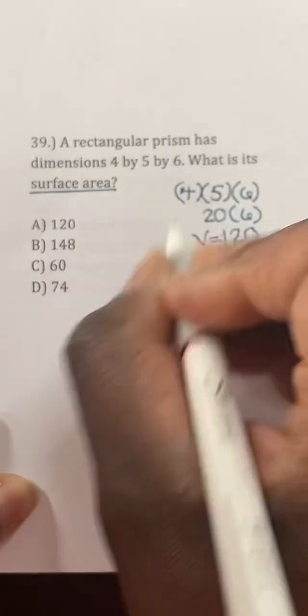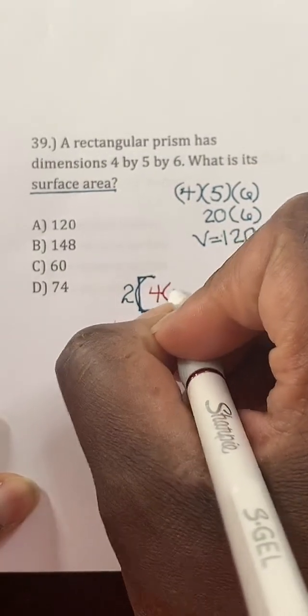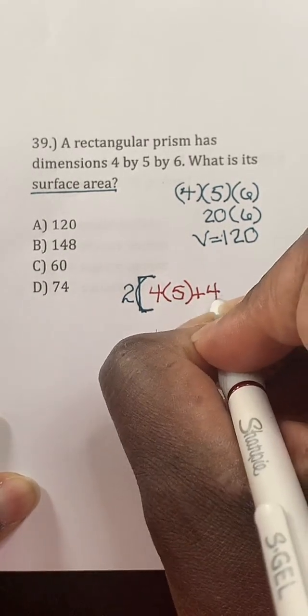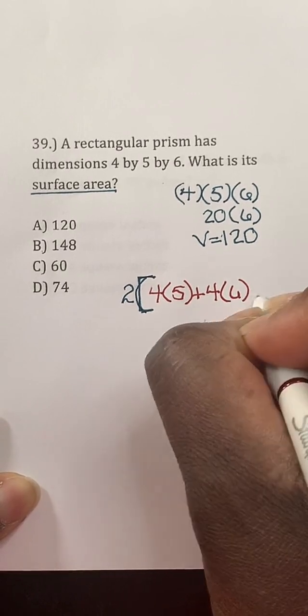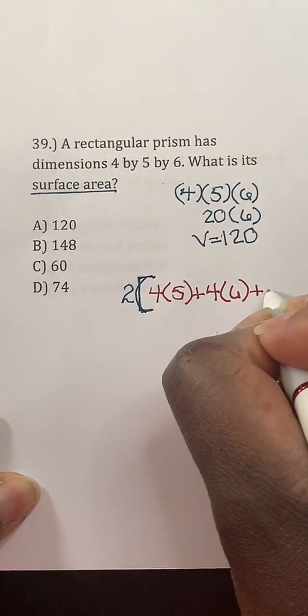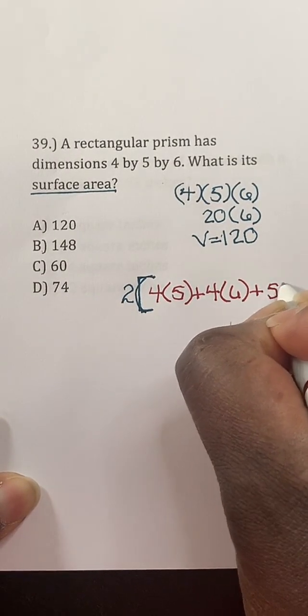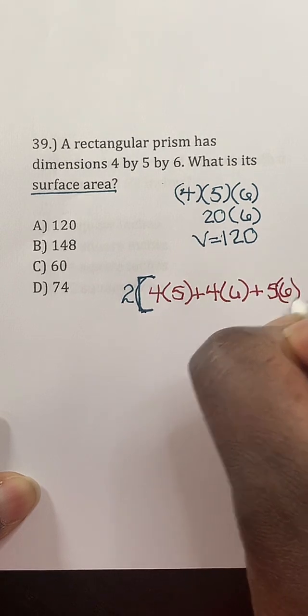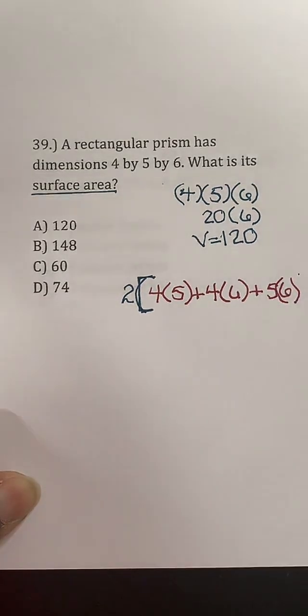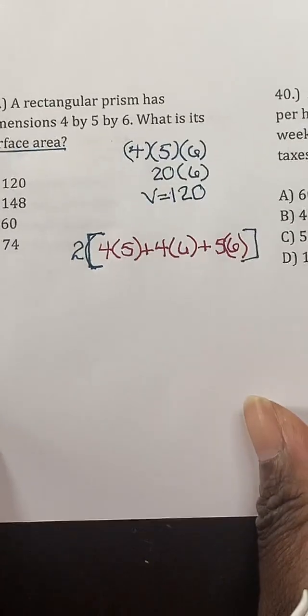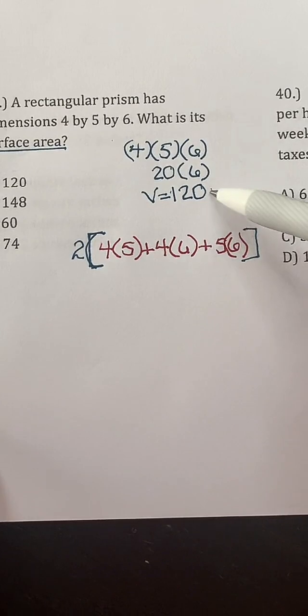So that means I'm going to do my 4 times my 5 plus my 4 times my 6 plus my 5 times my 6. I'm basically taking the area of each of the sections. Okay, we're not looking for volume.